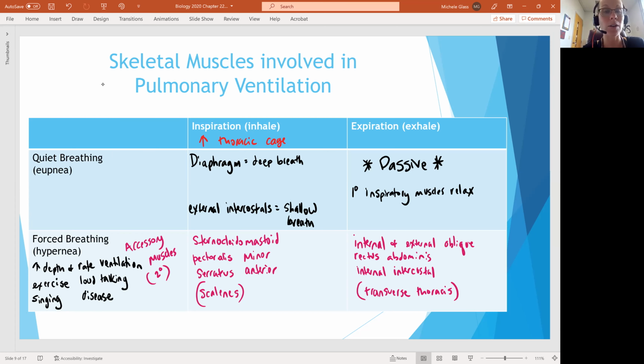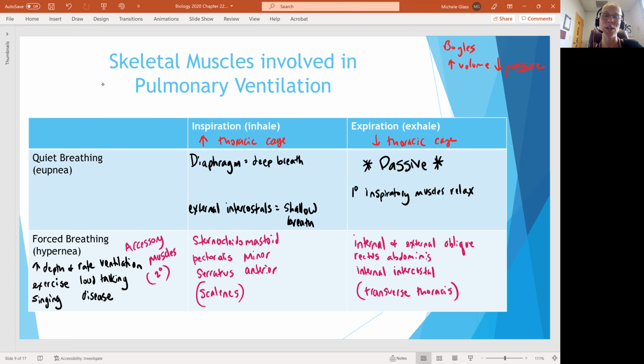And then when we talk about our exhale, we're going to decrease the thoracic cage. Where Boyle's Law, remember, says when you increase volume, you decrease pressure. And then we already said that gases move from a high pressure to low pressure.